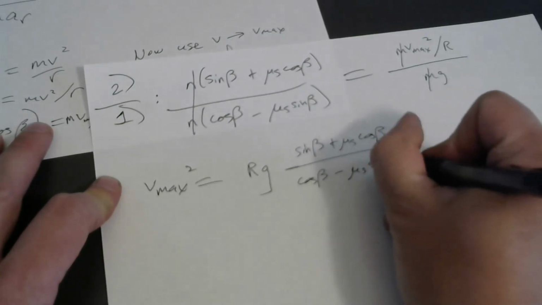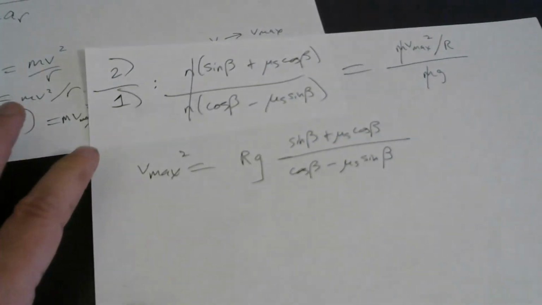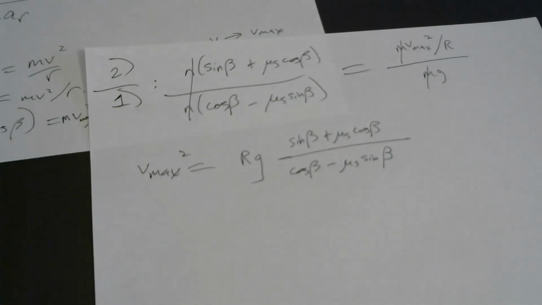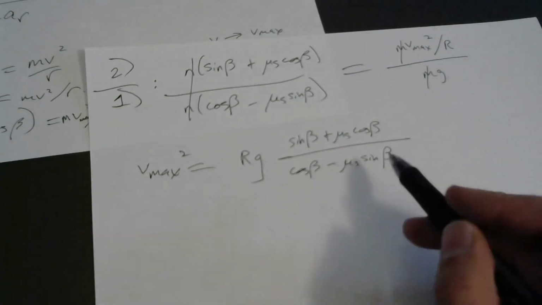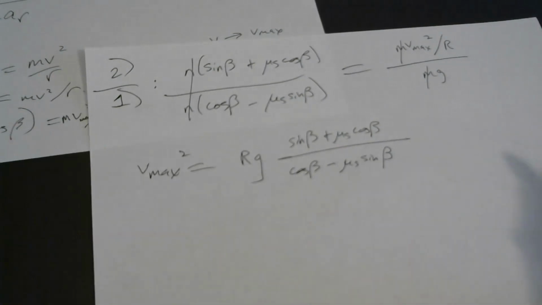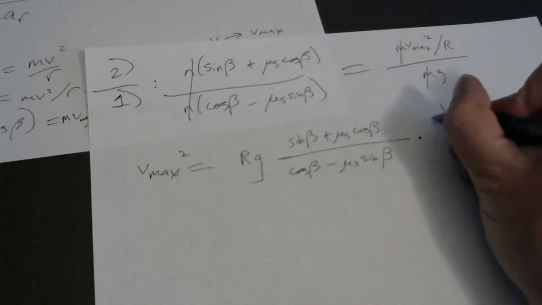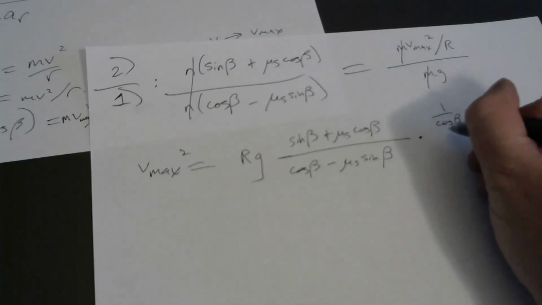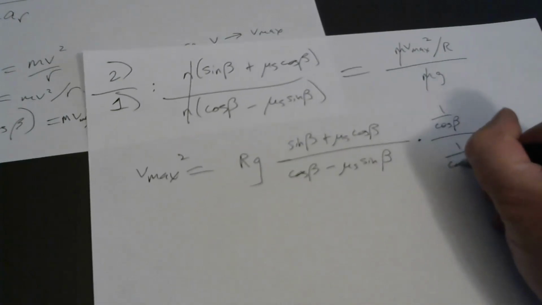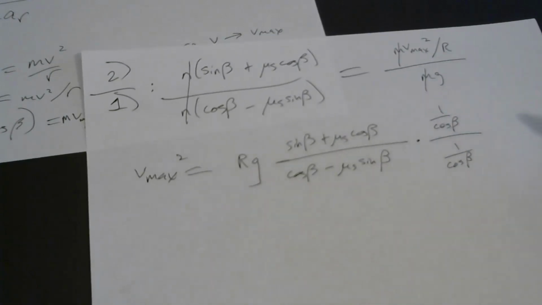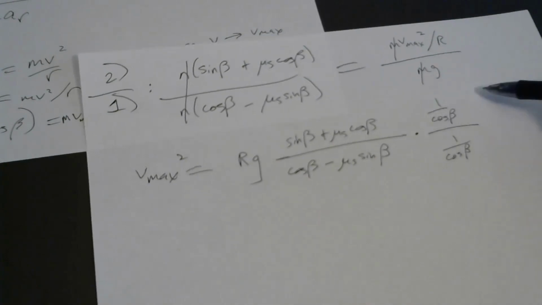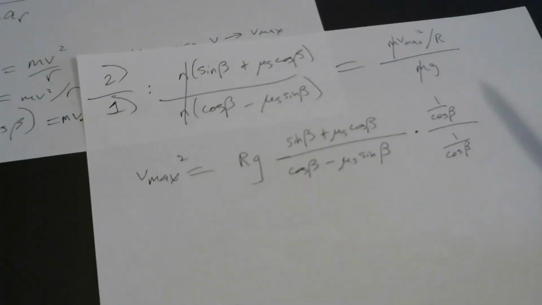Well, do you remember the PDF I showed you about the cloverleaf interchanges, they liked to express the angle beta in terms of its tangent. So check this out. Let's multiply by 1 over cos beta on top and bottom. Of course, if I do that, I'm multiplying by the number 1, which means I'm not actually changing anything. I'm just presenting it in a different form.